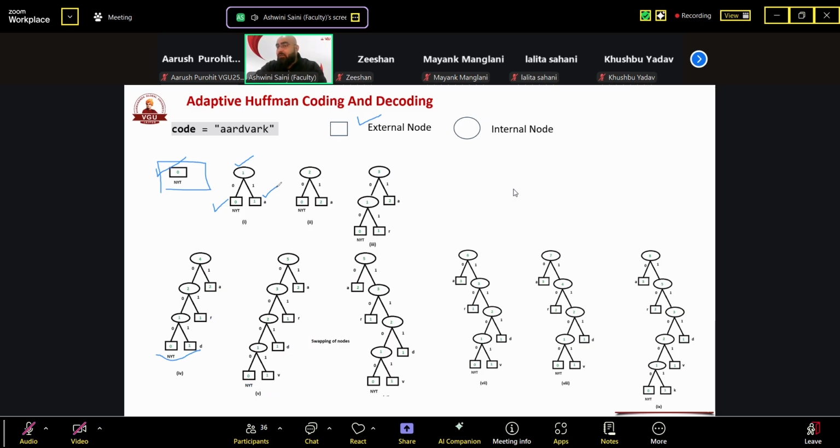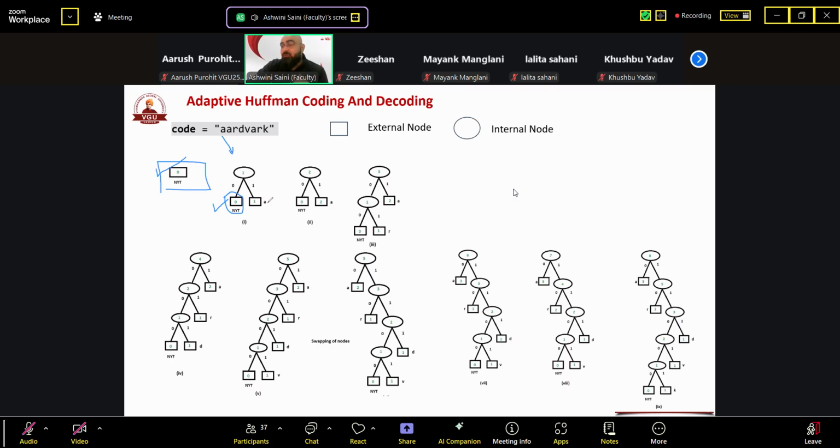So I'm giving you one by one. The first step is the first symbol, A. For A, we are using NYT on the left side, as A is used for the first time.